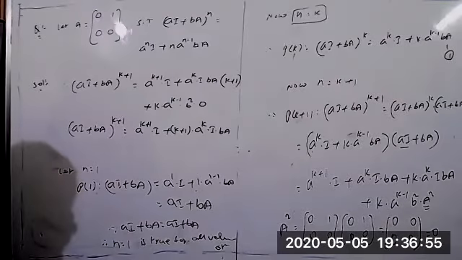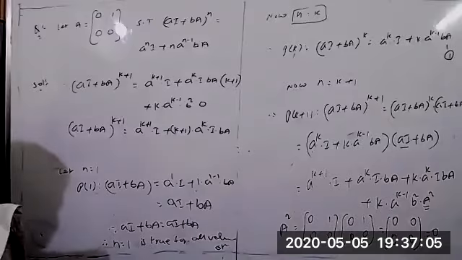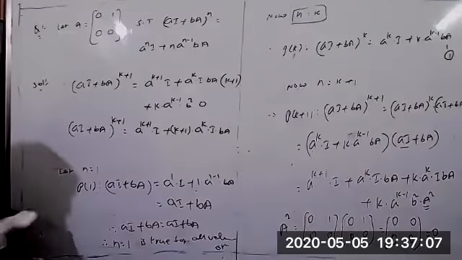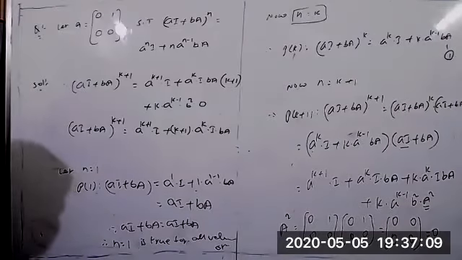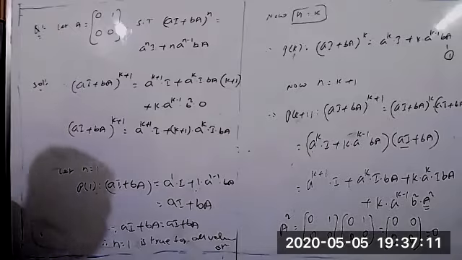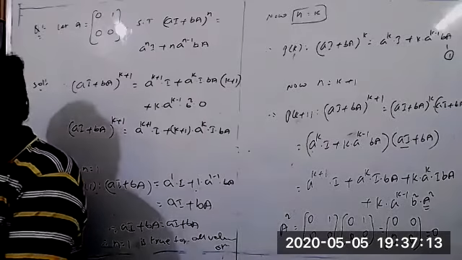The last statement you can write now. So like that, this kind of problems, whatever they are given in the textbook or examination, compulsorily we have to prove based on mathematical induction only.